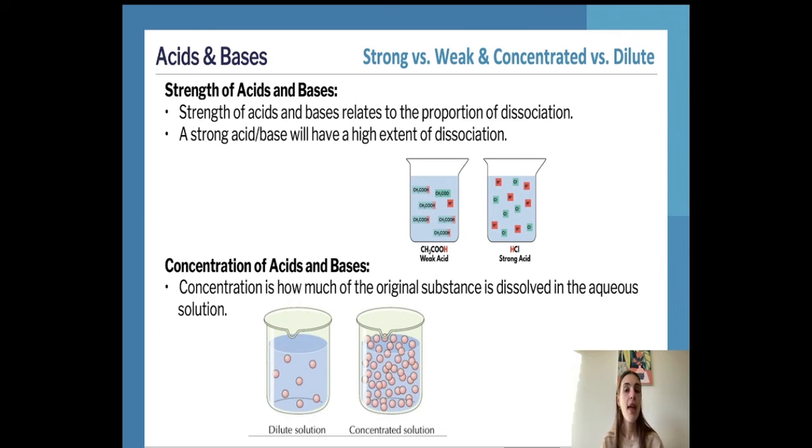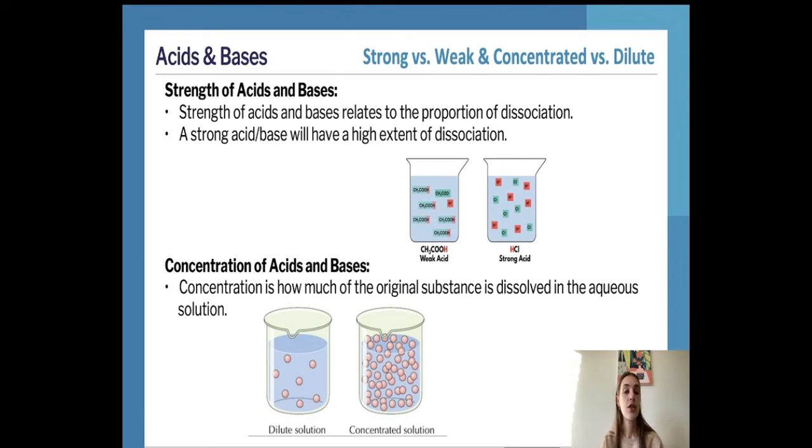Whereas if we compare that with something like ethanoic acid, which is a very weak acid, we can see in this diagram we have a very limited extent of dissociation. So most of the ethanoic acid molecules will remain as the original ethanoic acid molecules in solution, and very few will split into the CH3COO- ion and the H+ ion.